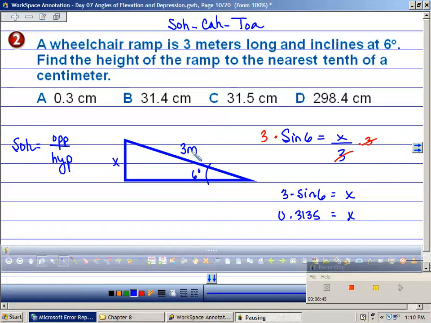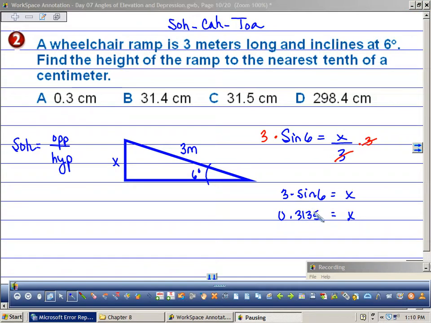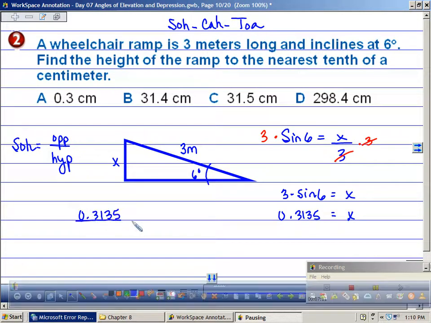Okay, this is talking meters. This is in centimeters. So let's think about that for a second. Watch, guys. This is how you transfer units. It's called dimension analysis. So if this is in meters, right? I've got a portion of a meter right here. Obviously, because this is only 3 meters.